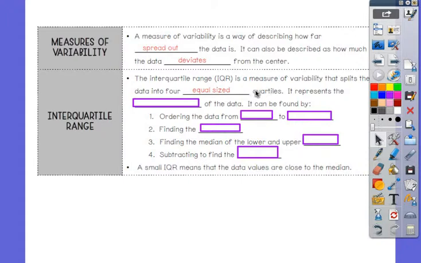There's 4 quarters in a dollar. So that's why they called it quartiles, equal sized. So the interquartile range splits the data into 4 sections. It represents the middle 50% of the data.